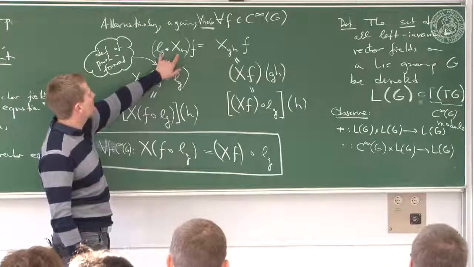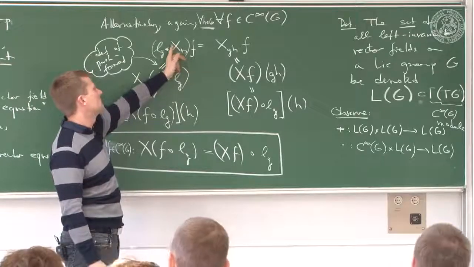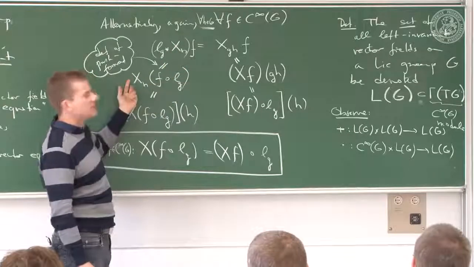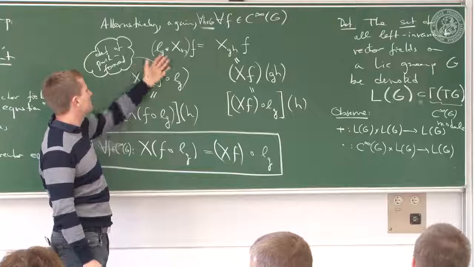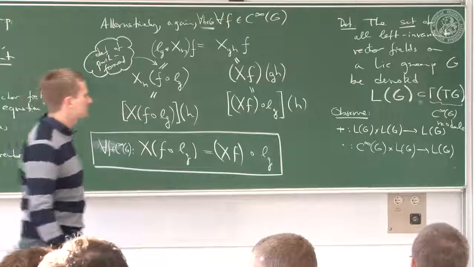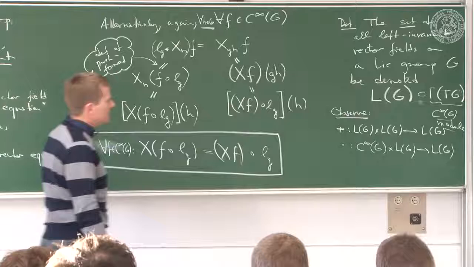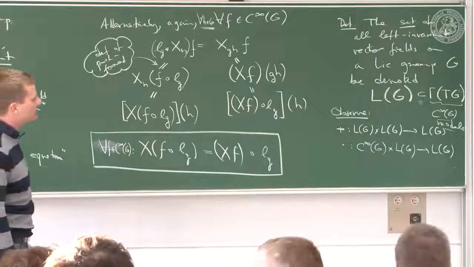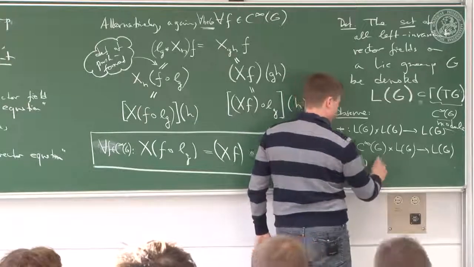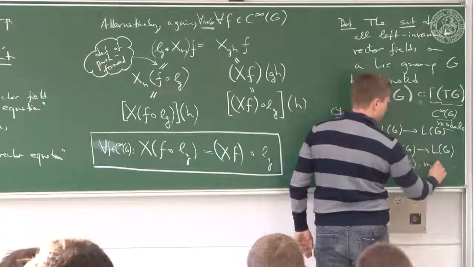Yes, it is, and you can see it from here, because if you multiplied this XH first by some function k, and then you apply the definition, then the k goes here in front, and of course the k pulls out. Okay? So in fact, this also closes, because the push forward is C infinity linear, the push forward of a vector field. So that means that LG is a C infinity G module.